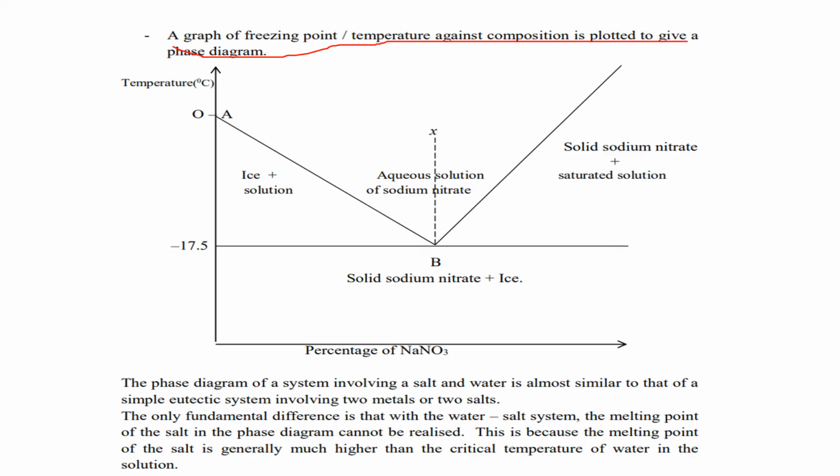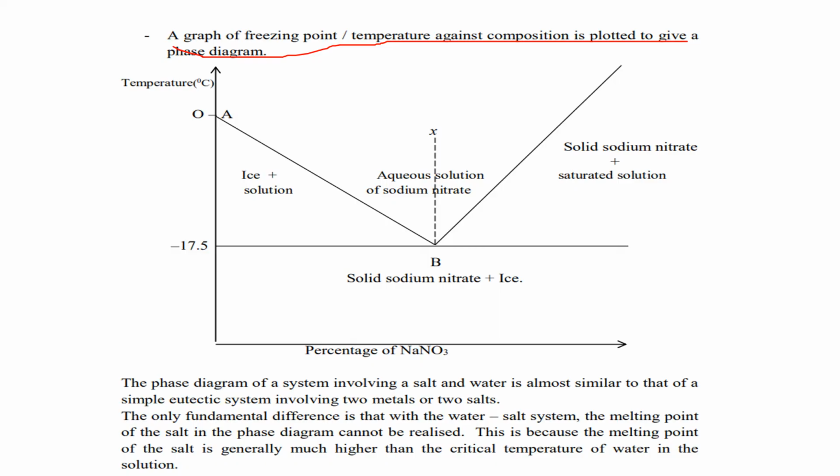Now notice that there is no axis on this side. The reason being, we cannot get the melting point of pure solid sodium nitrate. Remember, sodium nitrate is an ionic compound, and one of the characteristics you looked at for ionic compounds is that they have high melting and high boiling points.